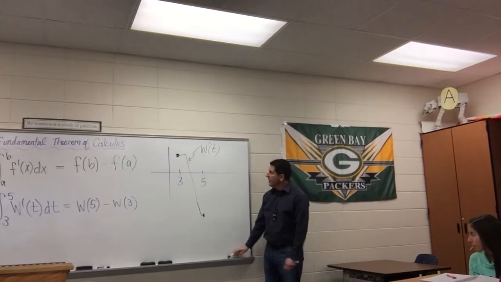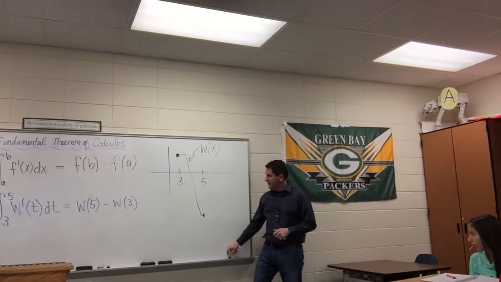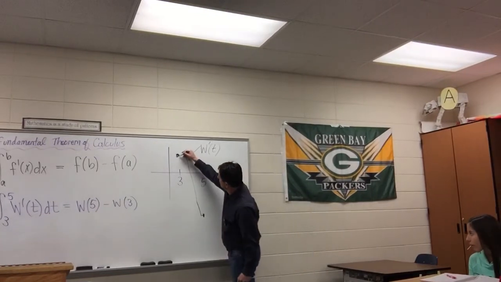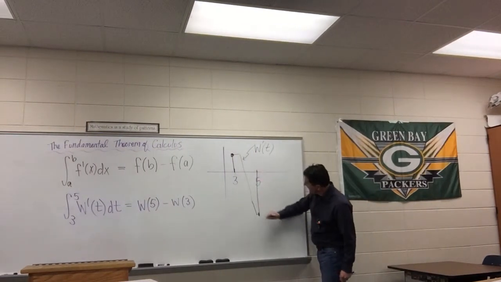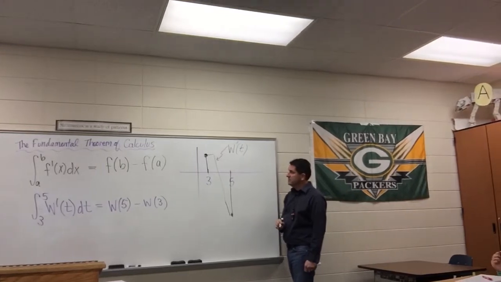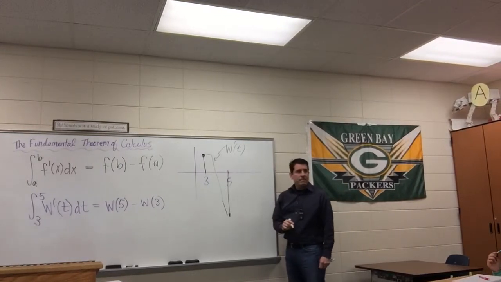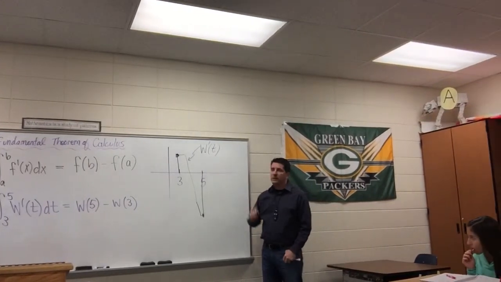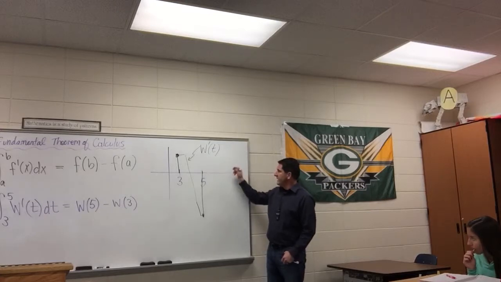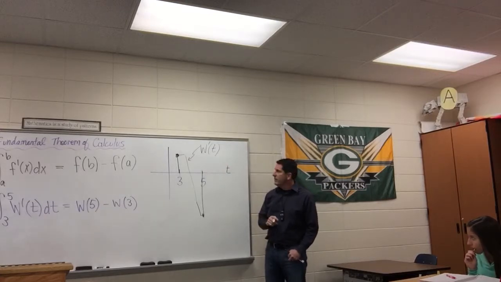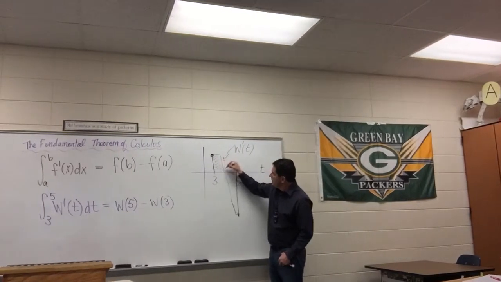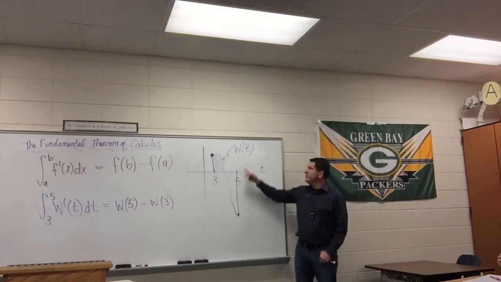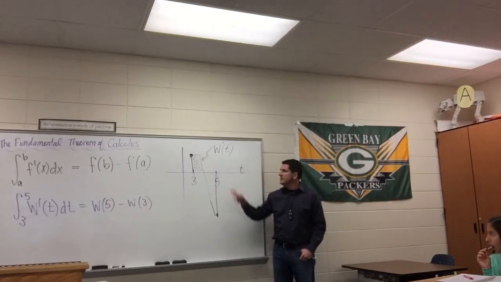Okay. And the interval from 3 to 5, what this means is if I draw a vertical line here at 3, and I draw a vertical line at 5, the area that is bounded by the derivative and the t-axis, in this case, rather than the x-axis, this area right here tells you how much w is increasing by.